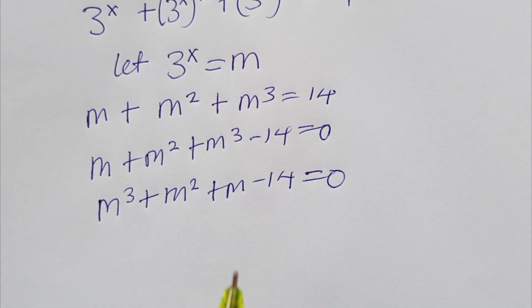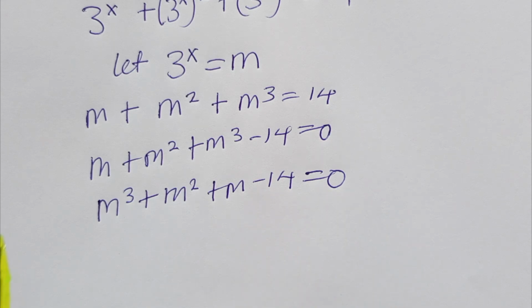If we substitute 1 as our m, to see if it will satisfy: if we know one value of m that will satisfy this, then it will be part of our factor and it will be easier for us to factorize. So m as 1: 1 cubed plus 1 squared plus 1 minus 14 won't give us 0.